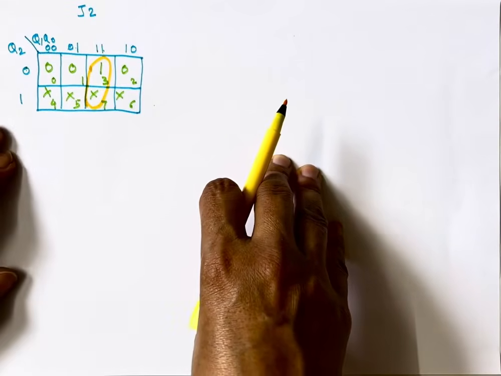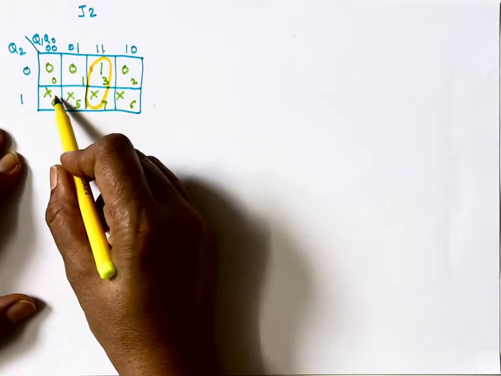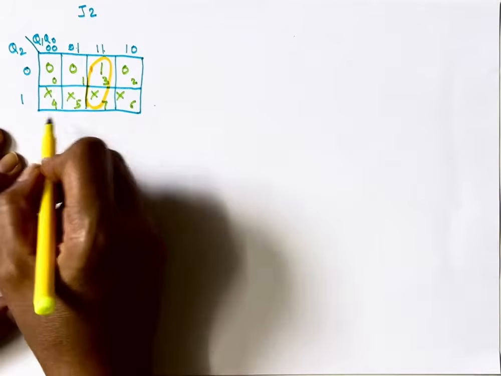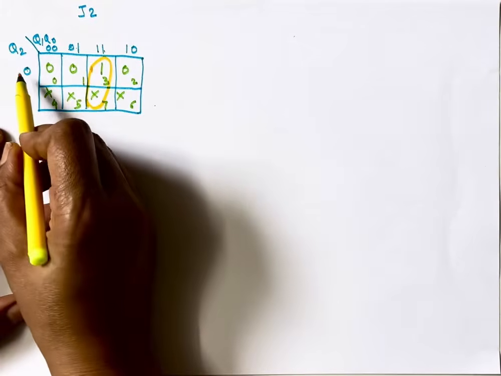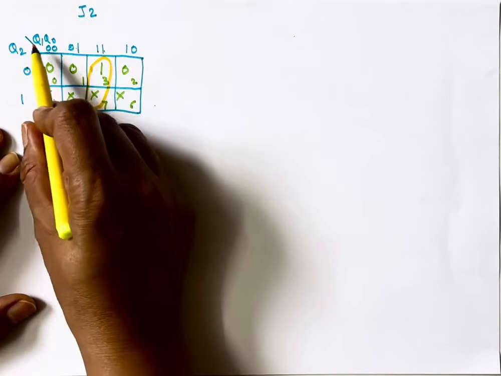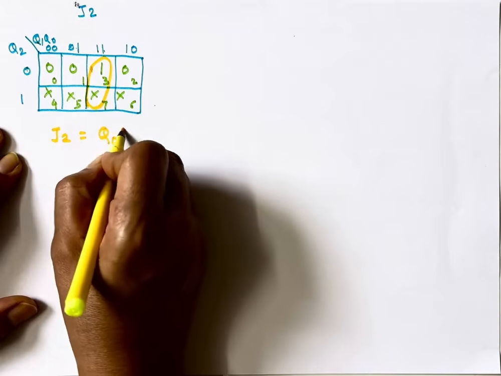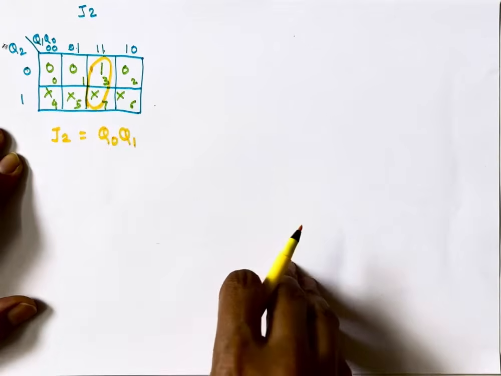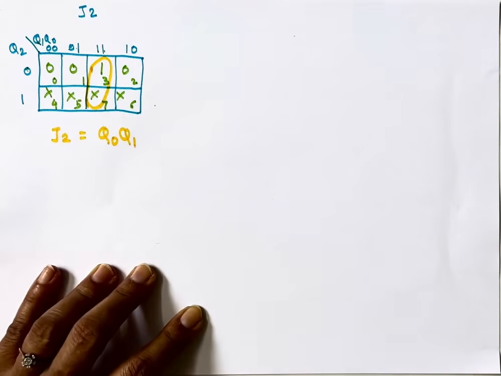I have considered this don't care as 1 and the remaining don't cares as 0. So the equation for J2 is: Q0 is 1, Q1 is also 1, so it is Q0 into Q1. Similarly, we'll make K-maps for the other variables.